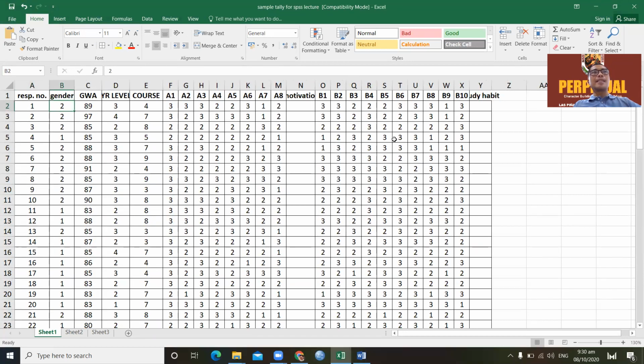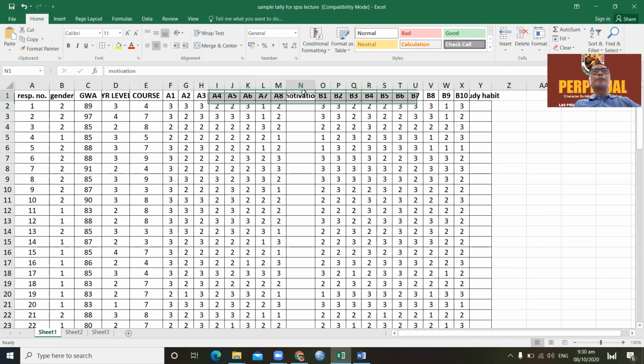In this case, I inputted 2 for female, 1 for male. So respondent number 1 is a female, and I encoded here 2. The general weighted average for her is 89. The year level is 3. The course is coding, but it's not really relevant to our discussion right now.